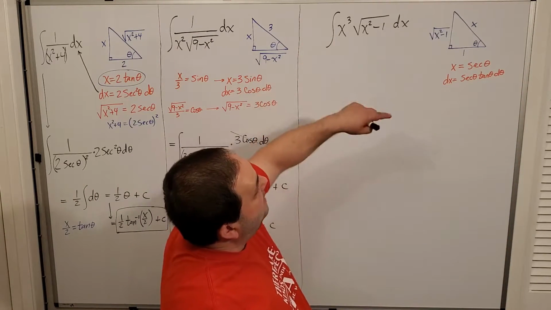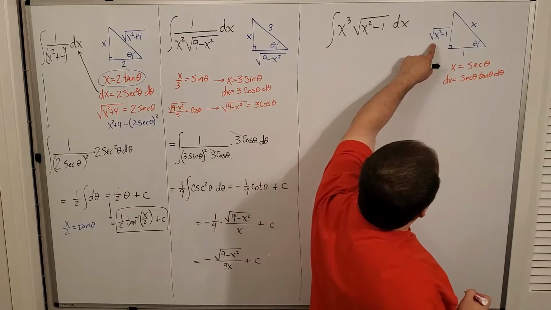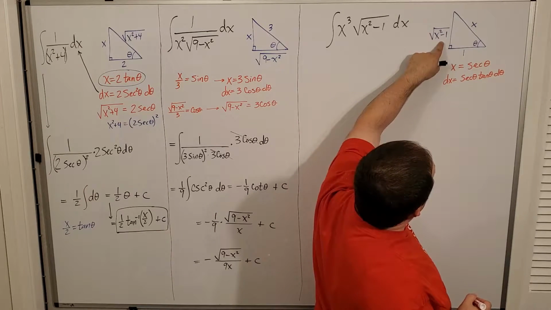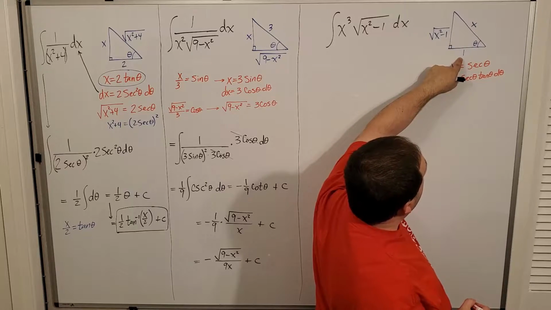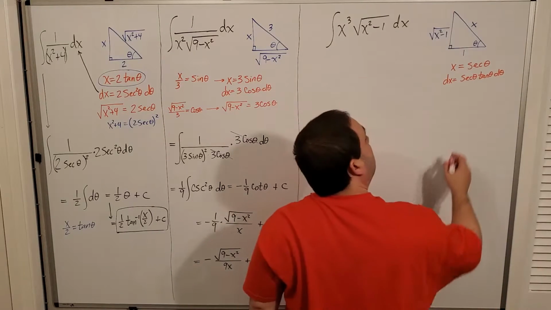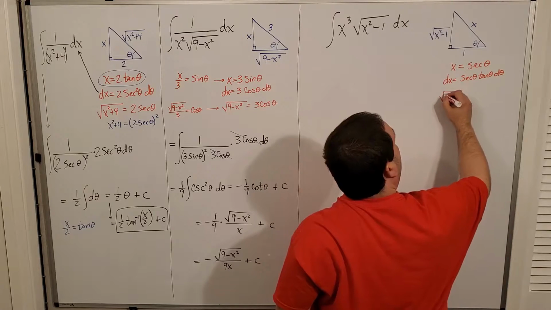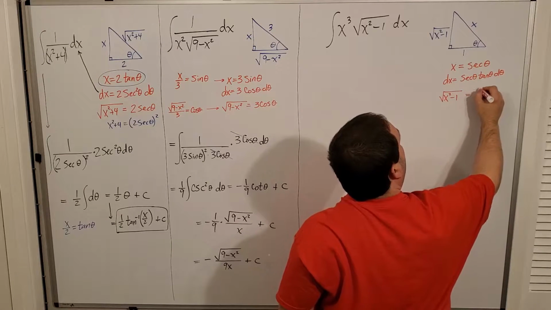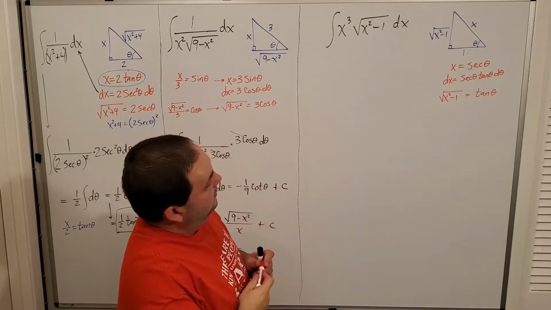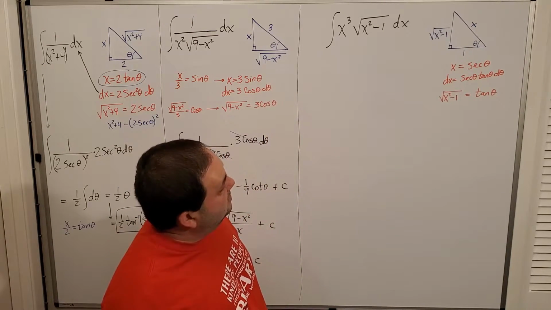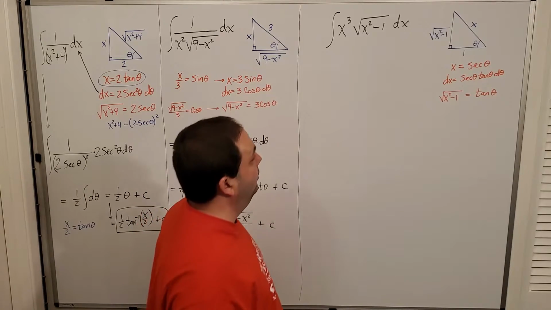And then my last piece over here, the square root of x squared minus 1 over 1, that's opposite over adjacent, is going to be the tangent of theta. Or in other words, the square root of x squared minus 1 is equal to tangent theta. So I've got my substitution ready to go here.